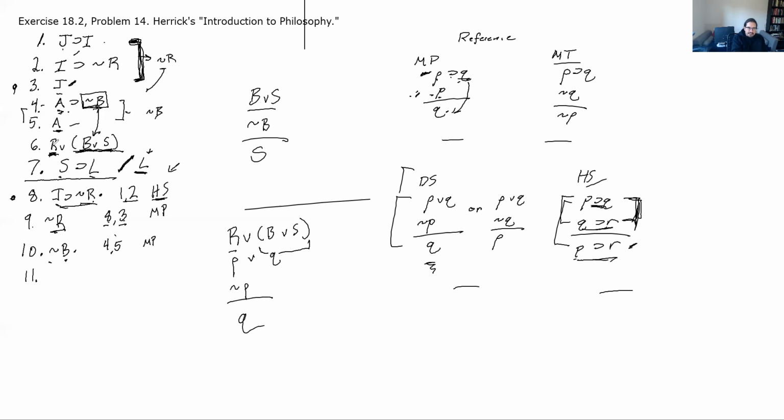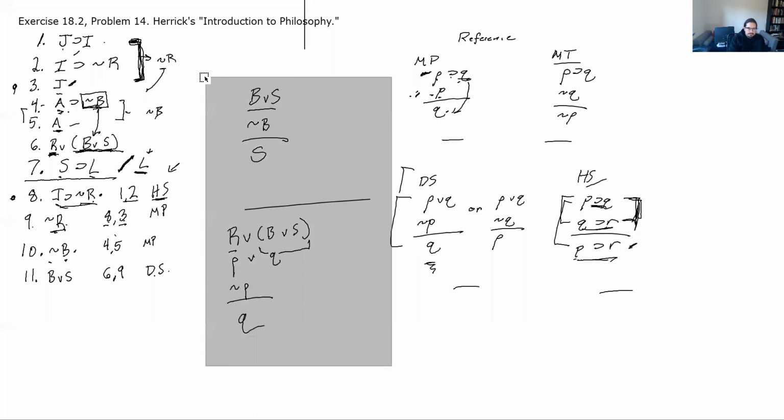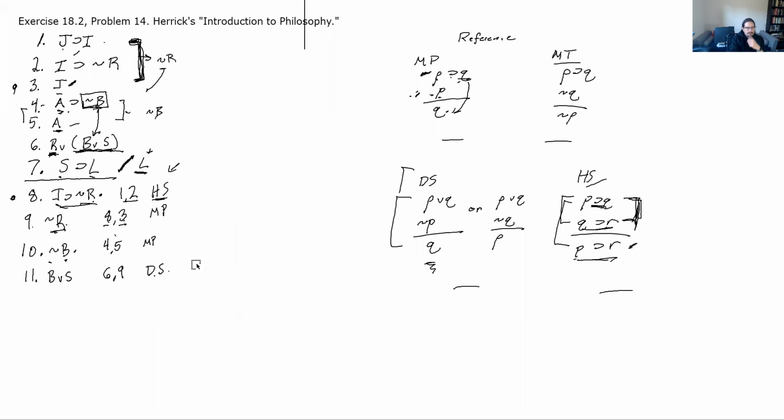So we're going to say 6 and 9, B or S. We're going to write B or S, 6, 9, disjunctive syllogism. Okay. Now we have what we were looking for, B or S and not B.